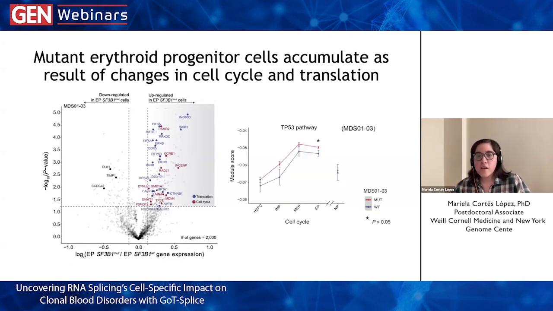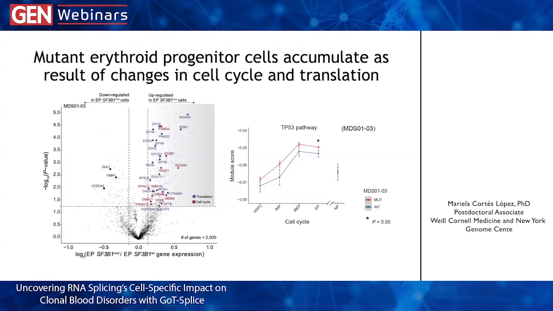And these genes, some of them are even involved in the TP53 pathway. And as we can observe here, they also appear differentially fractioned with the passing of the progenitor trajectory.